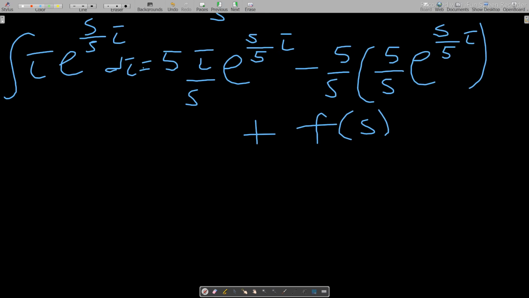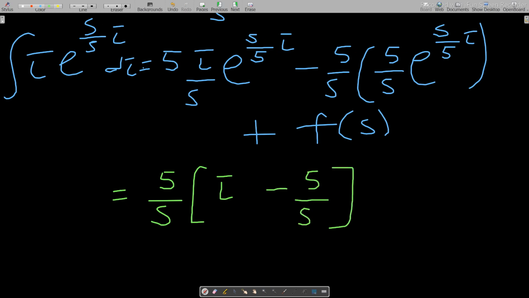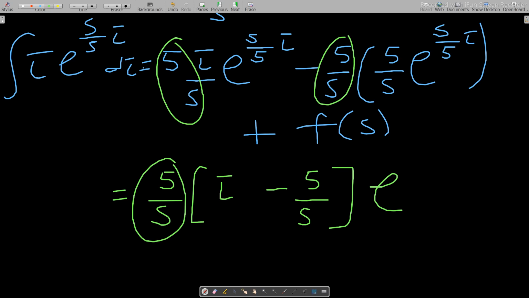That means we have 5 over s in both, and you can get something like this: 5 over s, then tau e to the s over 5 tau, well, let me factor the e to the s over 5 tau out as well, and tau minus another 5 over s.